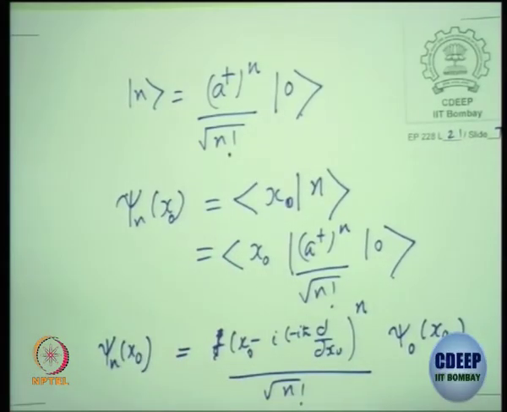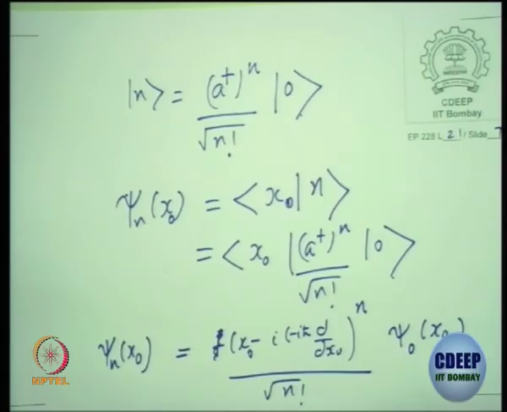All the excited states can be found from the ground state by doing the A dagger operation, and A dagger involves only these differential operators which have to operate on functions that you know.